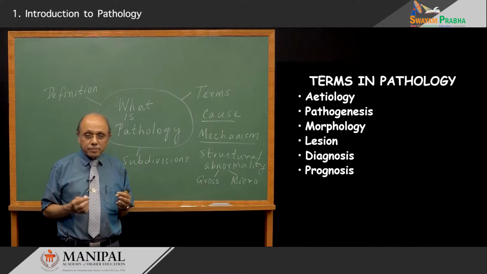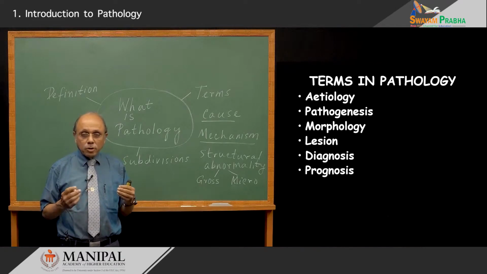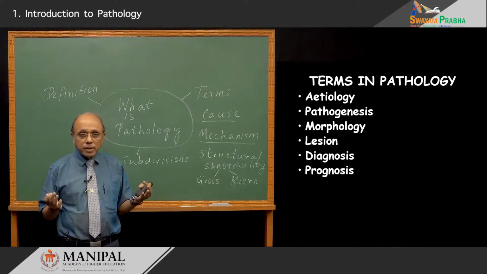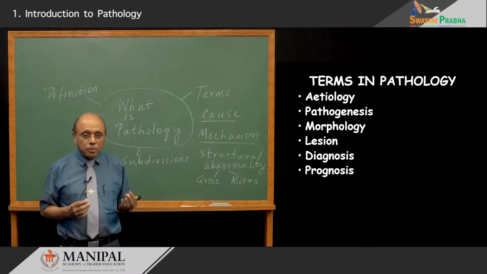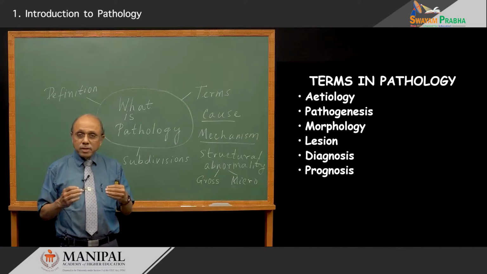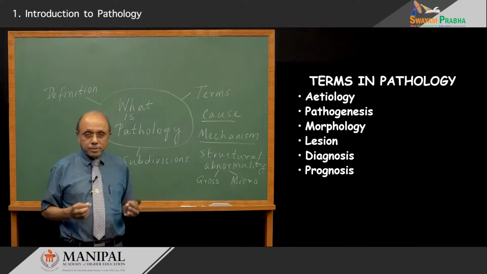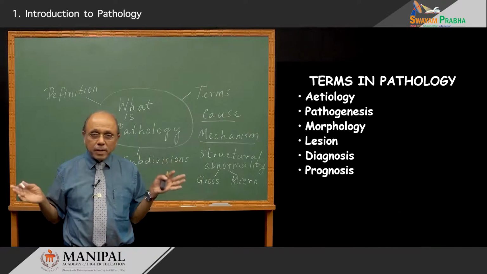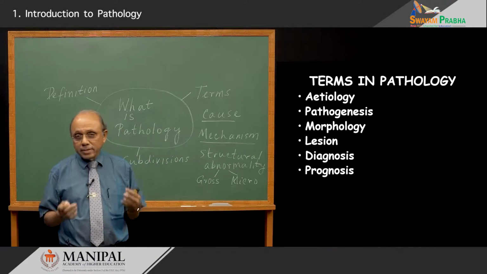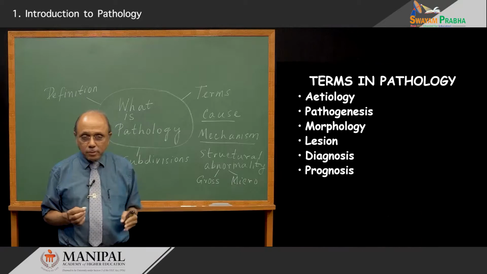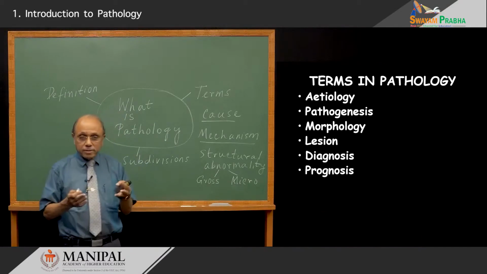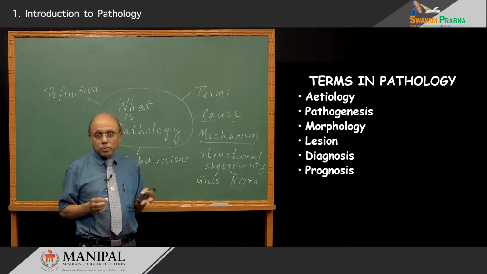When a diagnosis of cancer is made, we often talk of 5-year survival rate. So, naturally the patient as well as the family would like to know about the forecast, and that prediction, based on the experience that we have, we are able to predict, and that is prognosis. So, basically prognostication, forecast, prediction is prognosis.